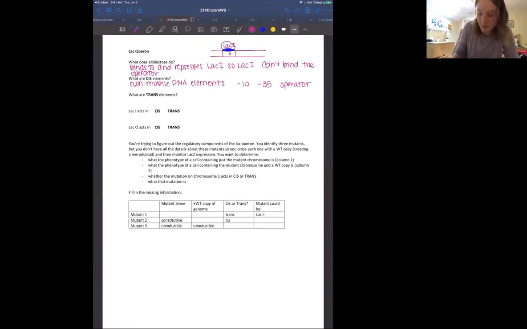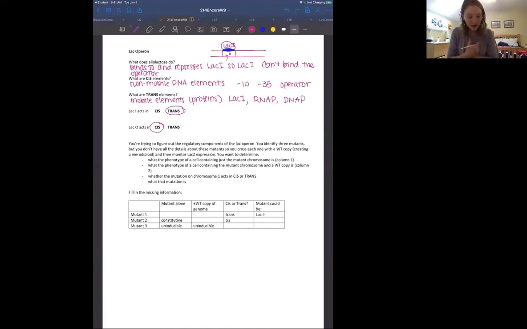And the trans elements are the mobile elements. So these are proteins, things like lac-I, or RNA polymerase, DNA polymerase, repressors, activators. So we know that lac-I acts in trans, and lac-O is this binding site that acts in cis.